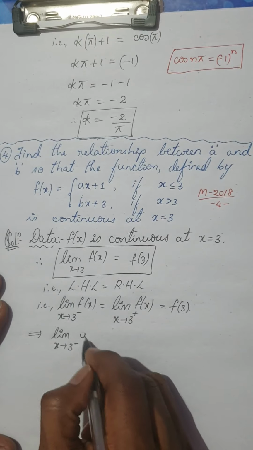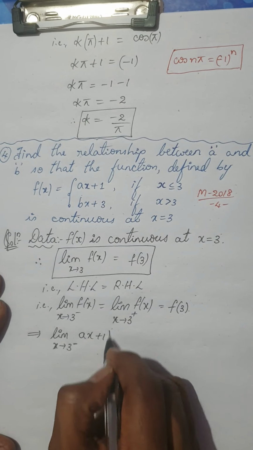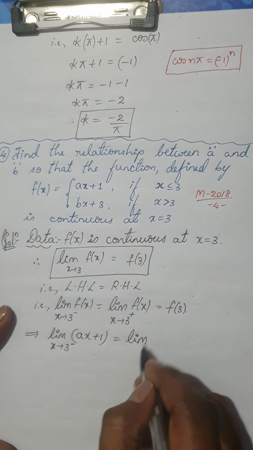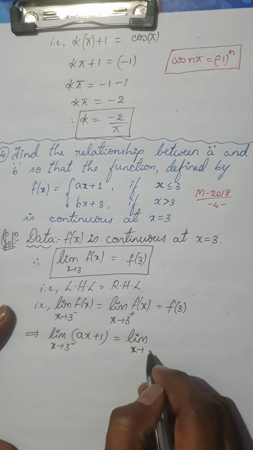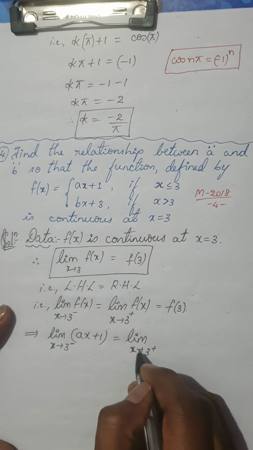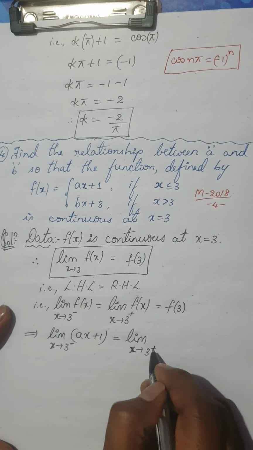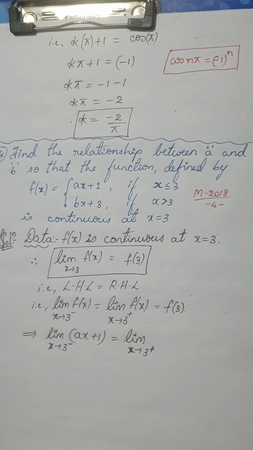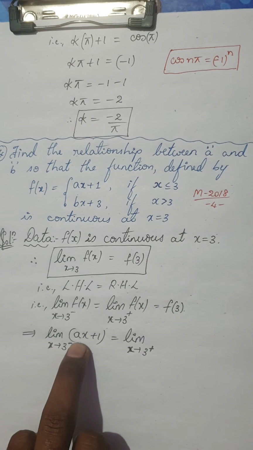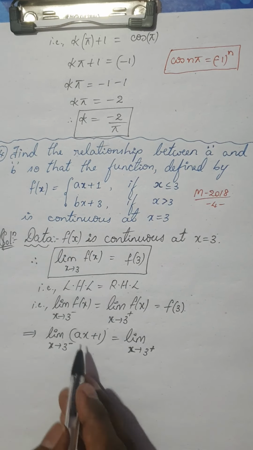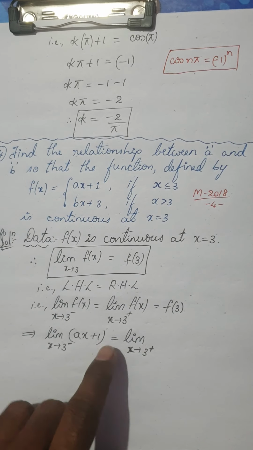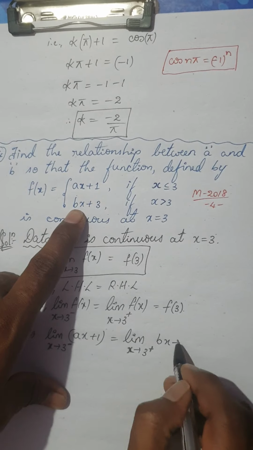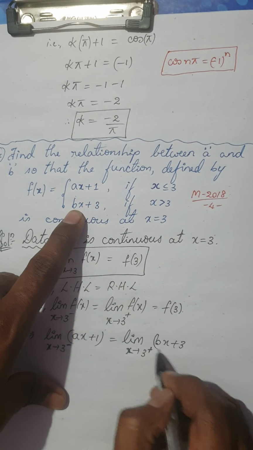It is ax plus 1. This is equal to the limit as x approaches 3 from the right hand side, that is 3 plus. Remember, this should be written as a superscript, like a power. Write 3 minus and 3 plus that way, don't write it somewhere in between. Now for x greater than 3, the function is bx plus 3. This is the first step.